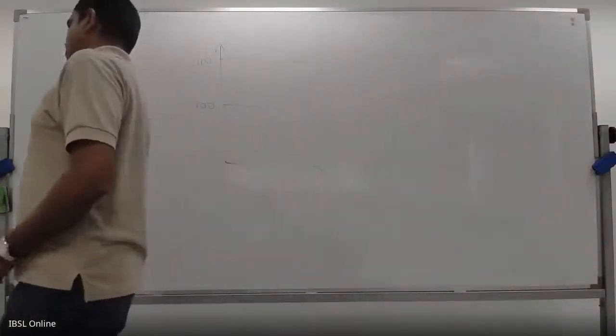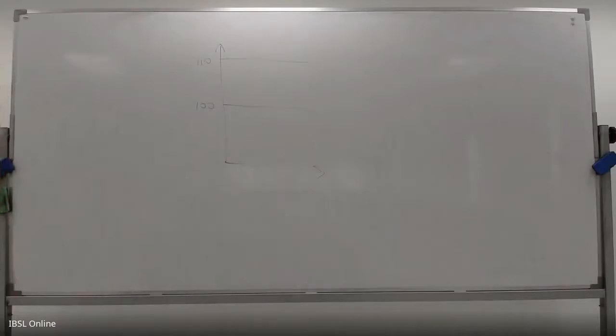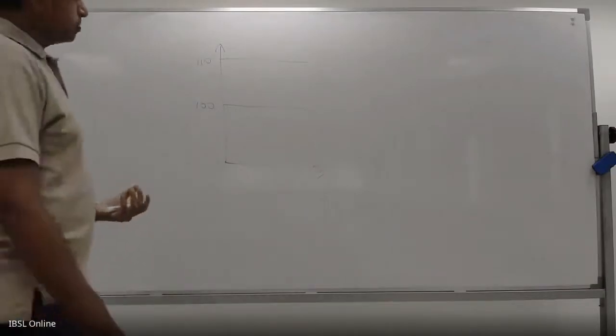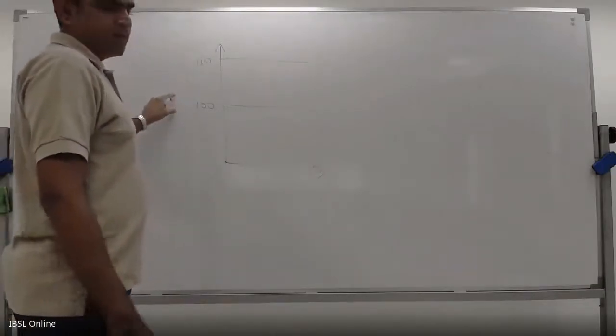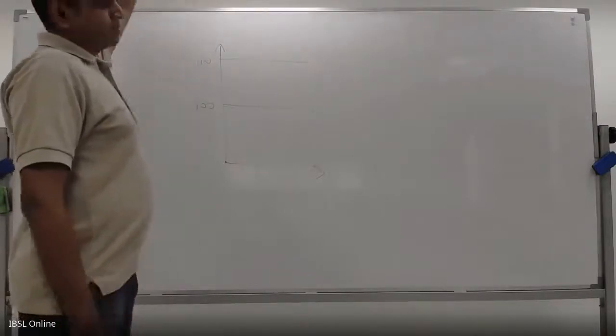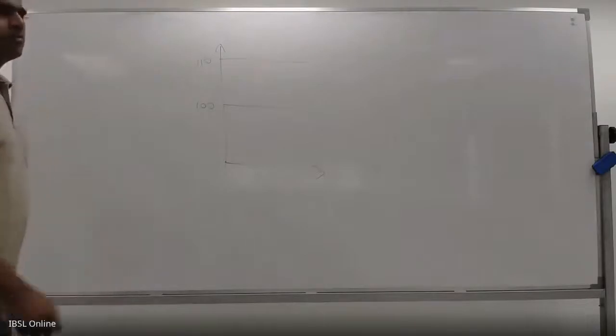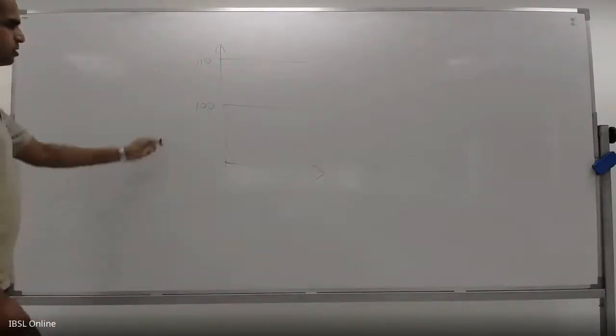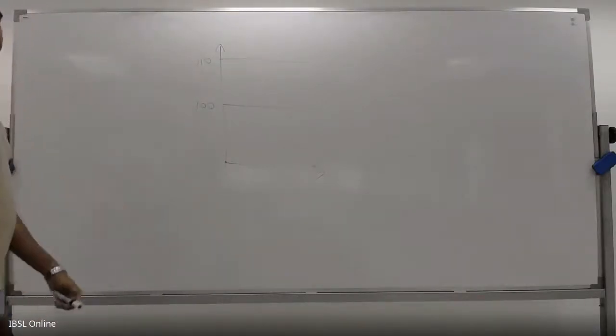So this fund manager is committed to sell shares of A at a price of 110. Meaning if it goes to 150, the maximum he will get is 110, because he has already agreed to sell at 110.